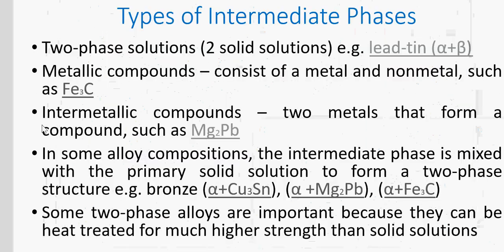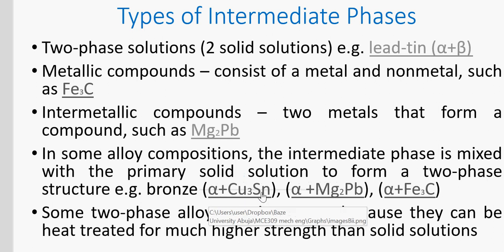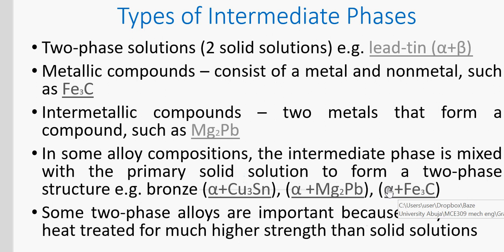And we also have an example where, in some cases, intermediate phase is mixed with primary solid solution. So when we have alpha plus intermediate, or intermetallic or metallic compound, this is a metallic compound, solid solution alpha with a metallic compound. Here solid solution, here alpha with also a metallic compound. So these are some of the types of intermediate phases.